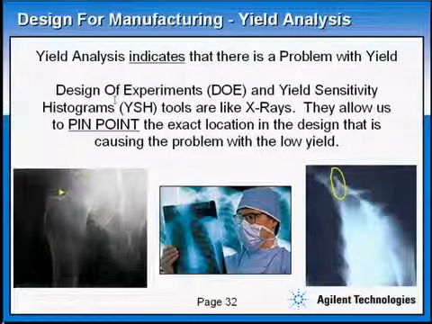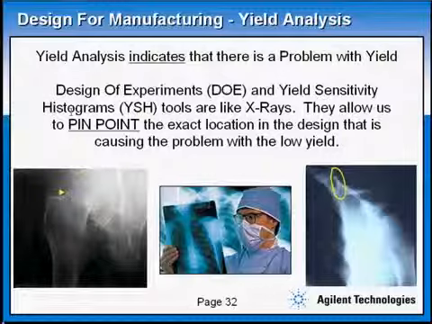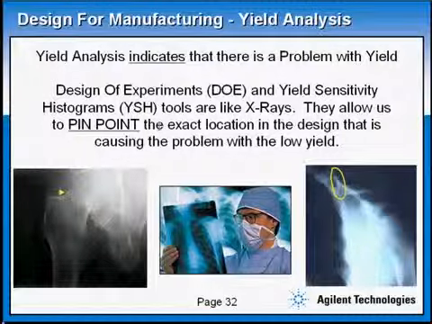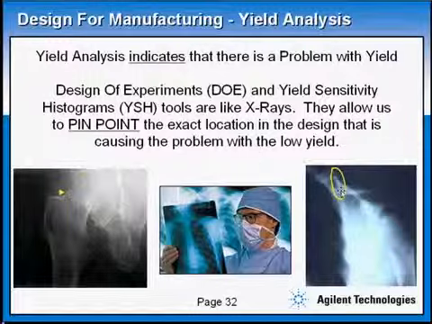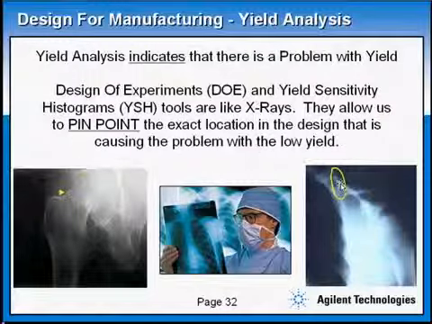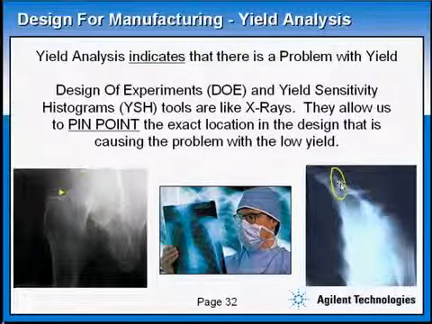As I said before, yield analysis indicates whether or not there is a problem with the yield. The design of experiments and the yield sensitivity histogram tools are like X-rays. They allow us to find exactly where the problem is in the design, and it will help us fix the problem by knowing exactly where it is.